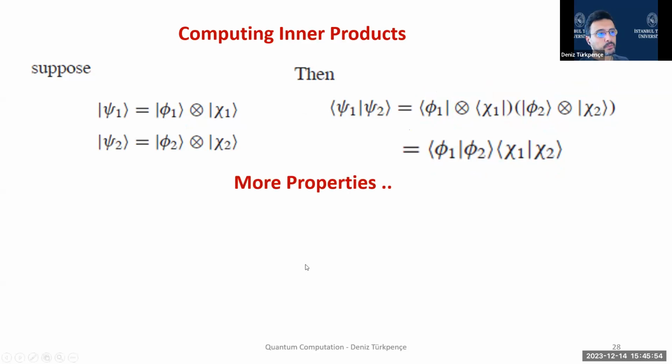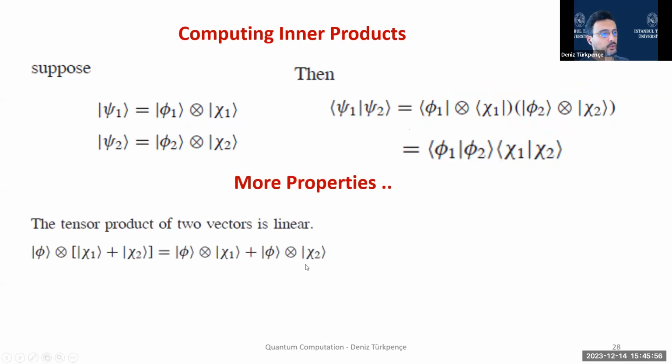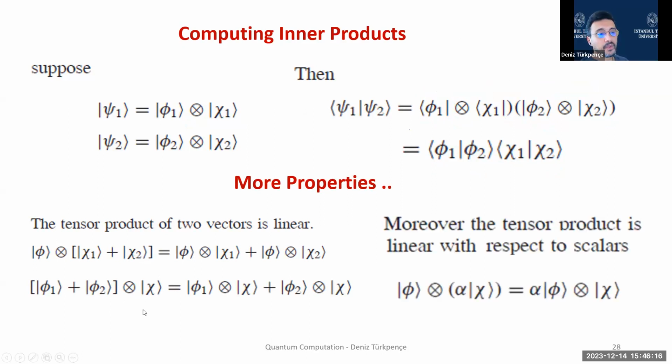So let's see more properties of the tensor products. The tensor product of two vectors is linear, which means that I can distribute this tensor product over summation in this way, or in the other order. And moreover, the tensor product is linear with respect to scalars.